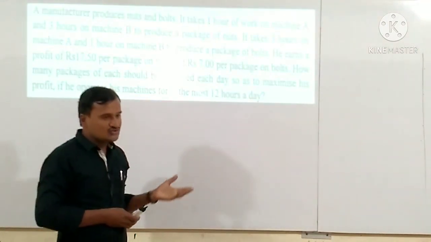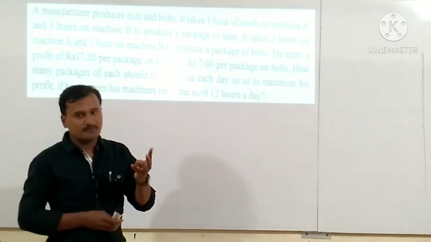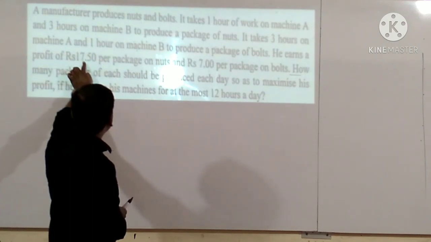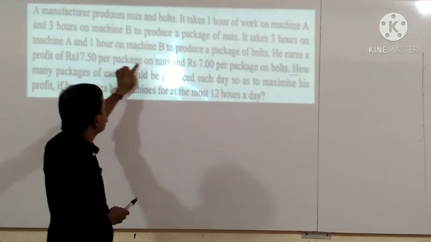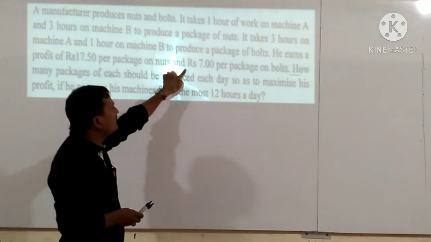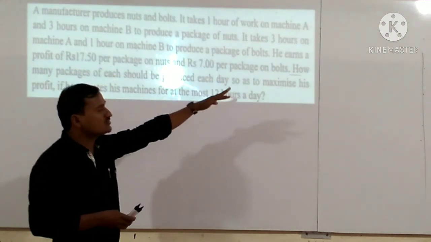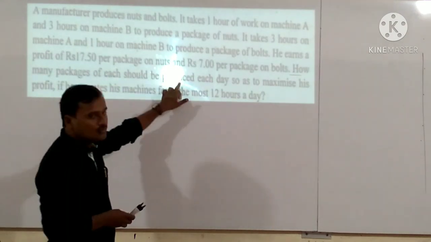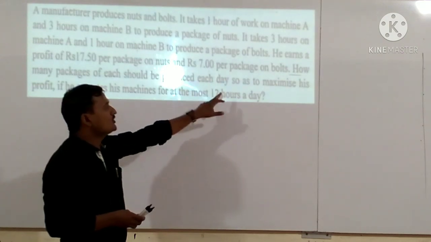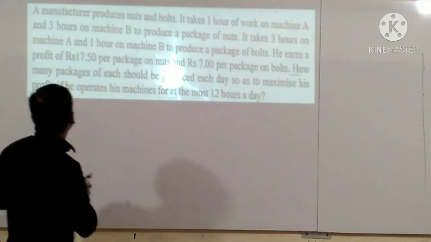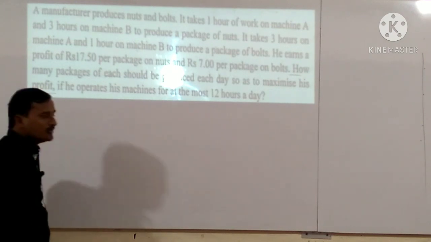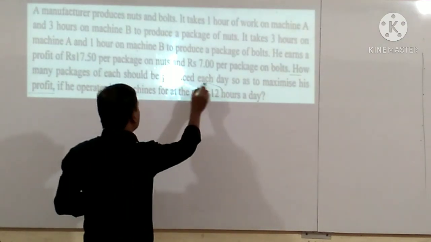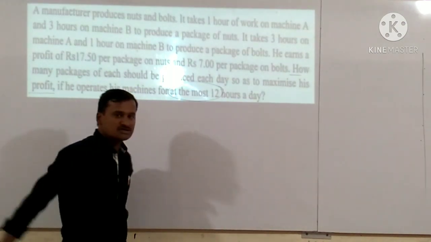It is using both the machines, machine A and machine B. He earns a profit of 17.50 rupees per package on nuts and 7 rupees per package on bolts. How many packages of each should be produced each day so as to maximize the profit, if he operates his machine for at most 12 hours per day? So this is the question.